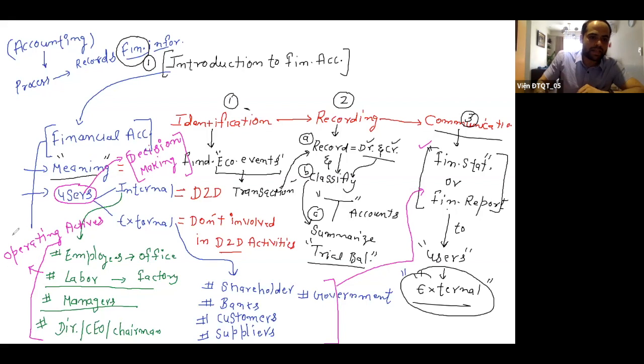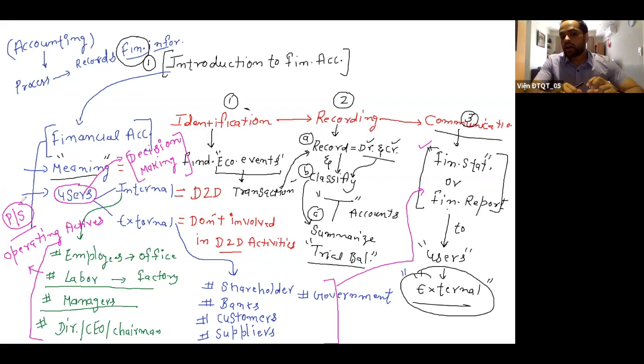Operating activities means activities belonging to product and service. So whoever is working in an organization is going to make decisions towards company operating activities, objectives, or anything about company policy, procedures, strategies to achieve the objective, and so on. All right, that's a very general idea of the people inside the companies.